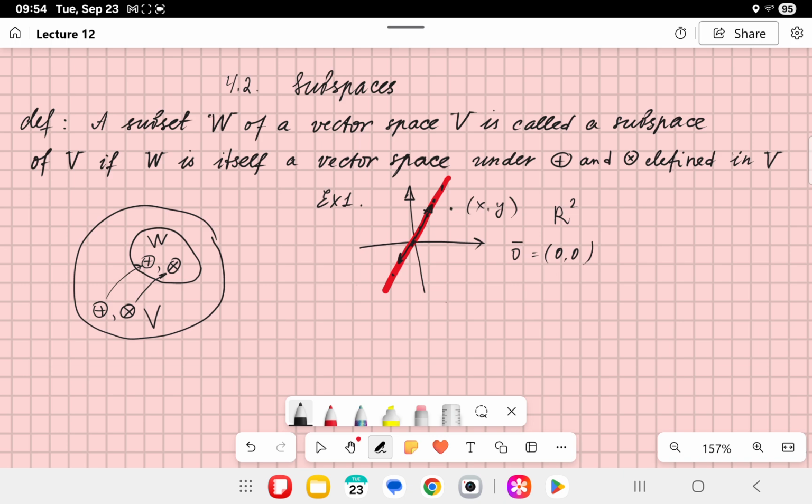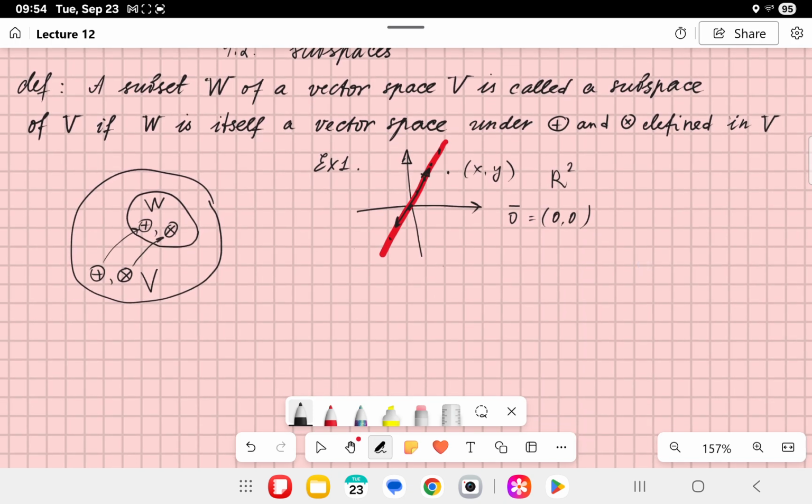Now I'm going to give an example of a non-subspace, so you see that not all subsets inside of a vector space make a subspace. I'm still going to consider R2, a space of two-dimensional vectors or pairs of points.